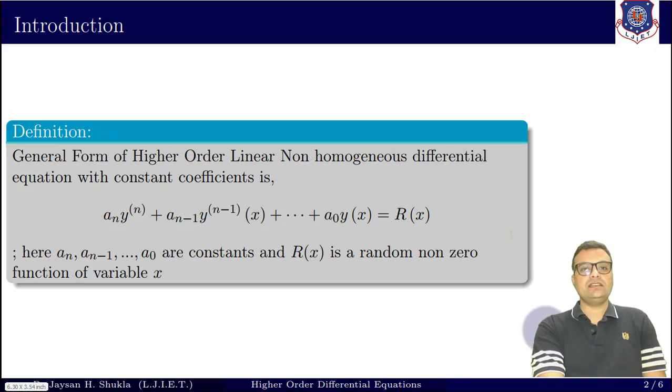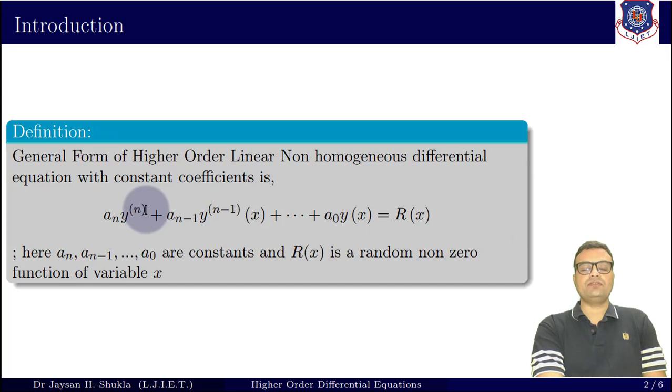Now, as you can see over here in definition, the general form of higher order differential equation, which is non-homogeneous and with constant coefficients, is given by this equation. Now you need to understand first of all that this y raised to n, in superscript over here, indicates the order of differentiation of y.